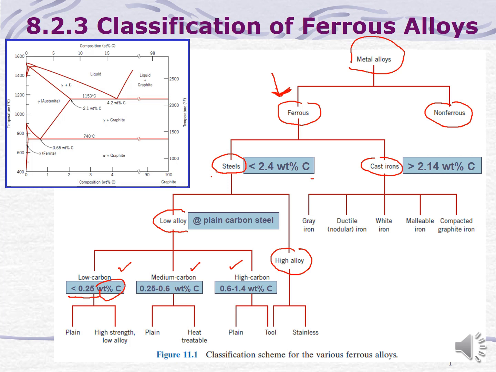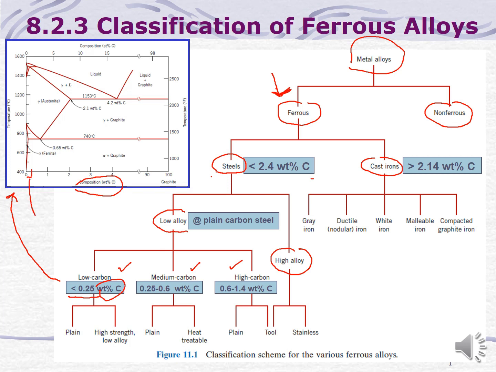To give you a better understanding, let's refer to the iron carbon phase diagram. Here, this is the axis of carbon. For the low carbon alloy, the carbon is less than 0.25, so it's somewhere around here.